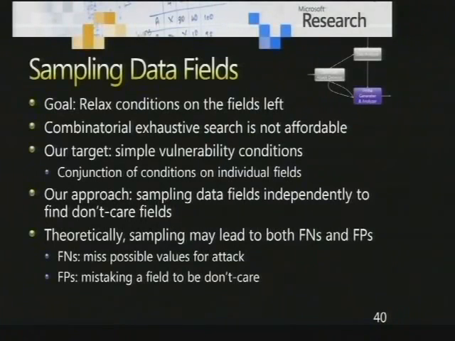For instance, if we miss possible values for attack, then we'll have false negatives. Also, if we mistake a field as don't care because we only sampled certain values, then we'll have false positives. We'll miss some attack.